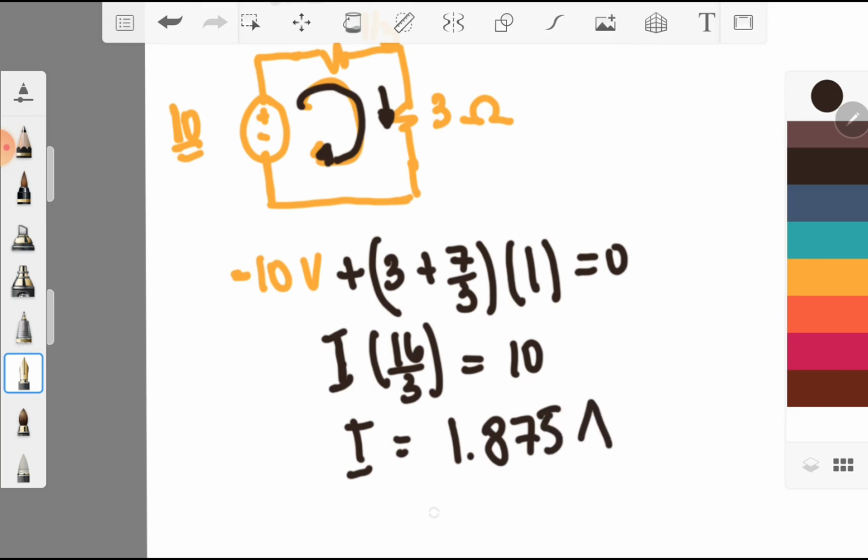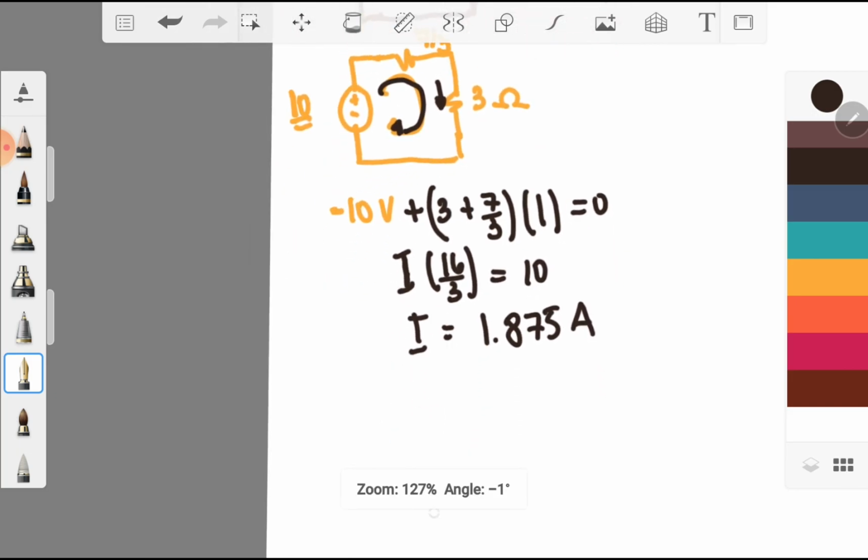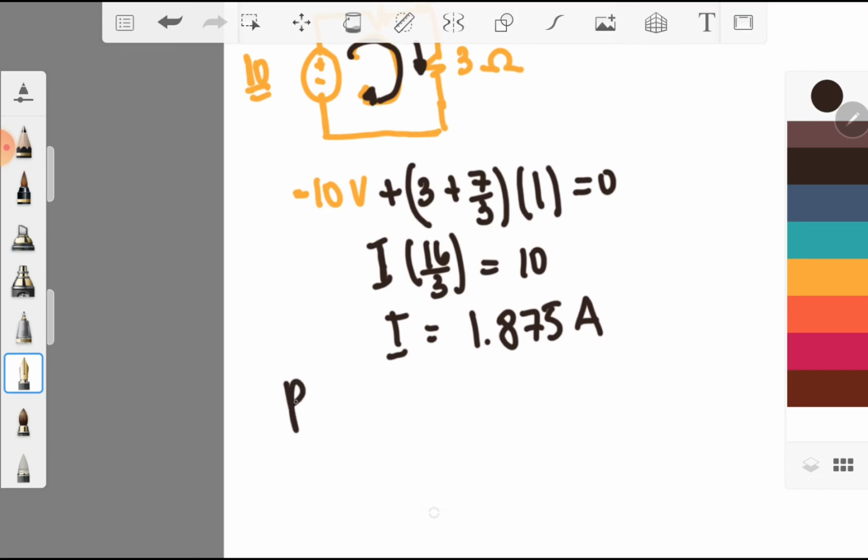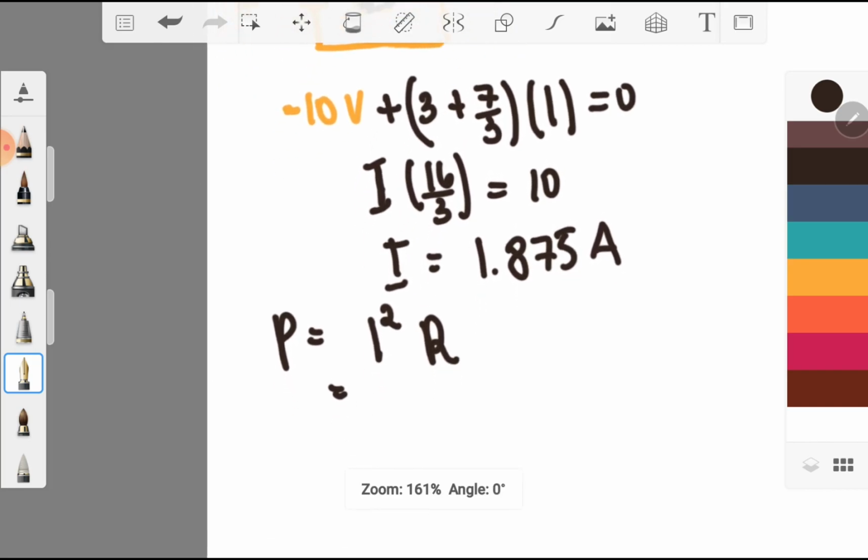It is equal to 1.875 ampere. The power in your 3 ohm resistor is equal to I squared R, which is equal to 1.875 squared multiplied by R, which is equal to 3 ohm.